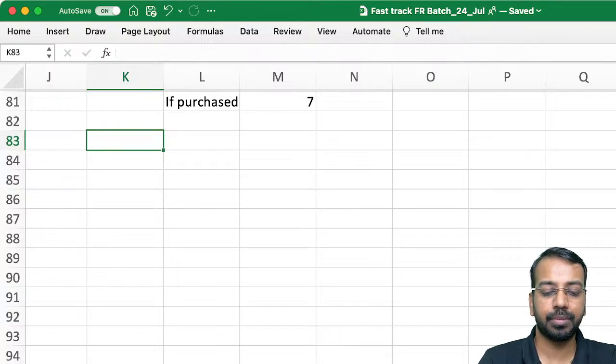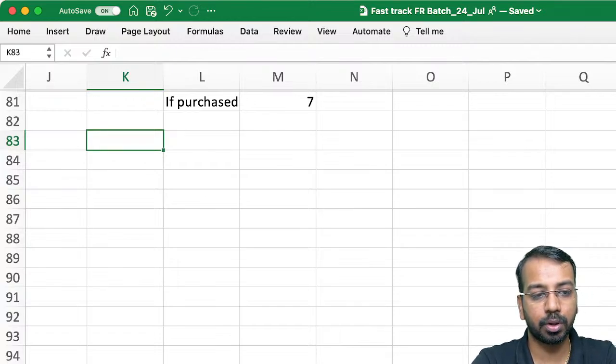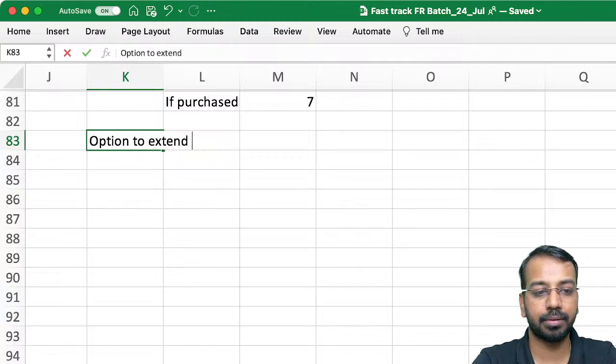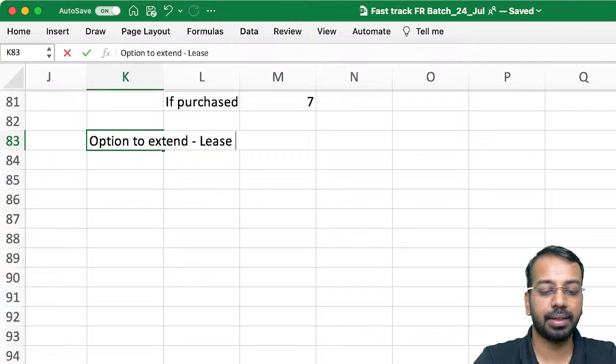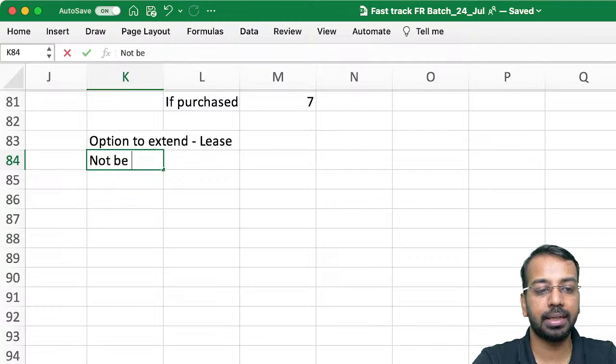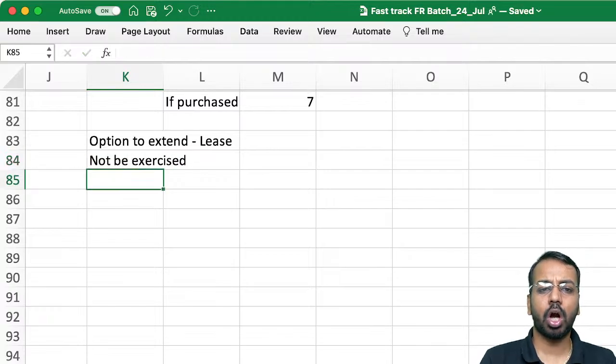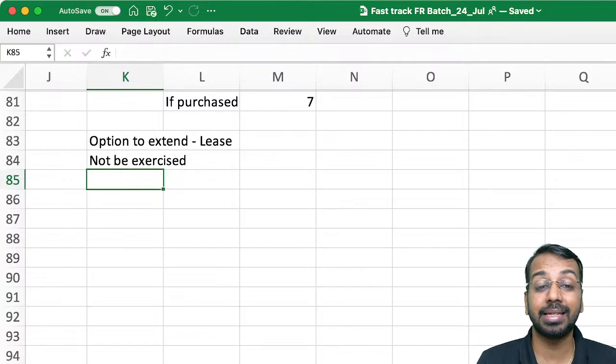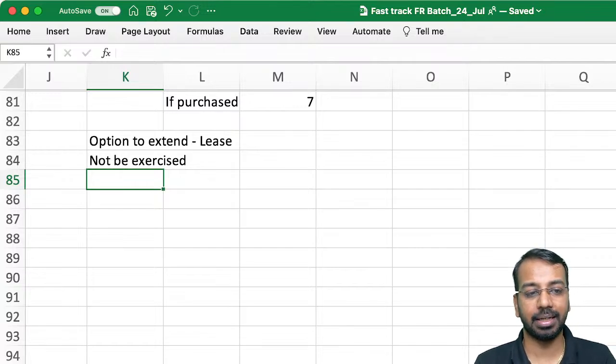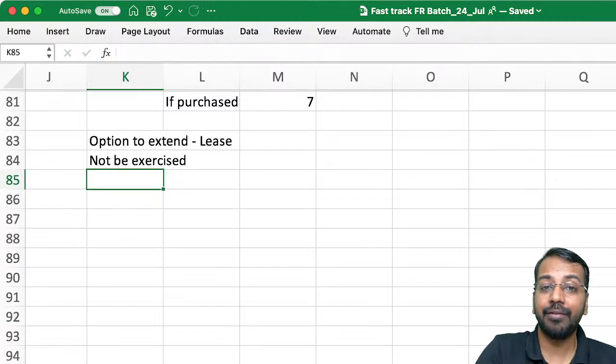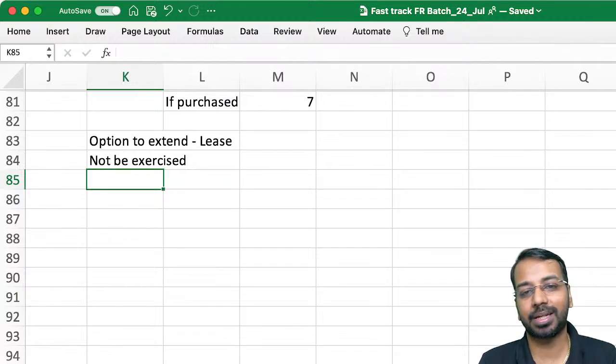Say for example, initially we thought the option to extend the lease would not be exercised, meaning we thought there is no reasonable certainty that we will exercise the option to extend the lease. But subsequently we exercise the option to extend the lease.